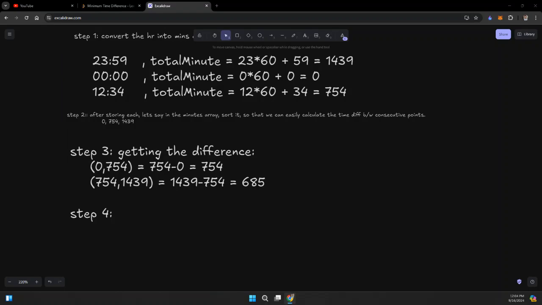Okay. So how to do it and what to do? The time difference between the last and first time point also needs to be considered. The circular time difference is calculated by taking the time from midnight to the last time, subtracting it from 24 hours and adding the first time.